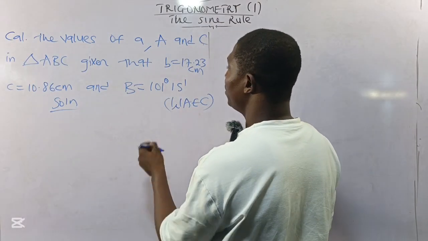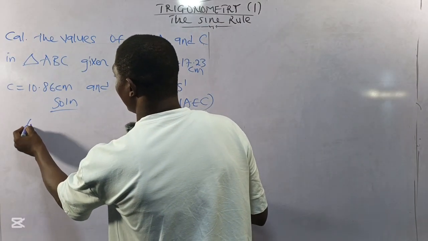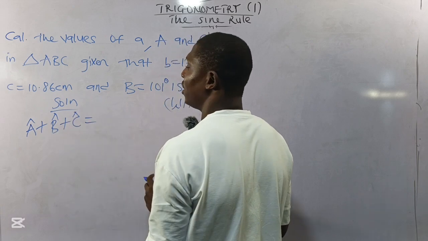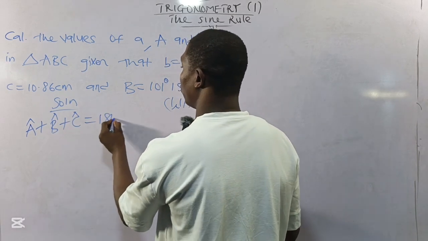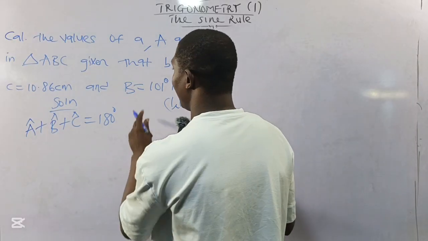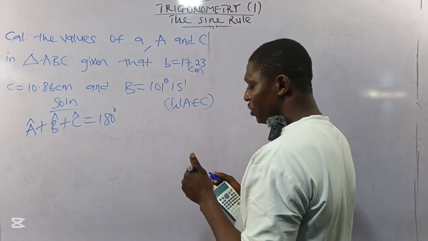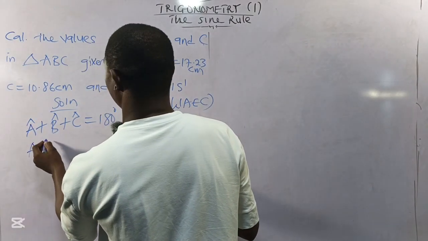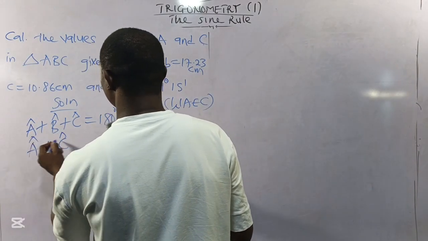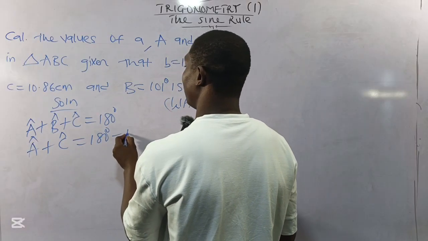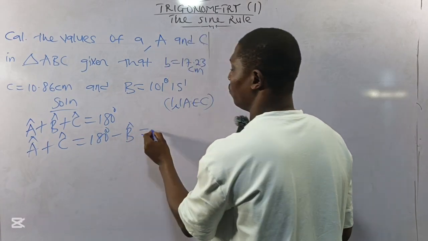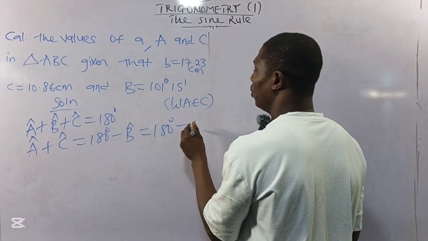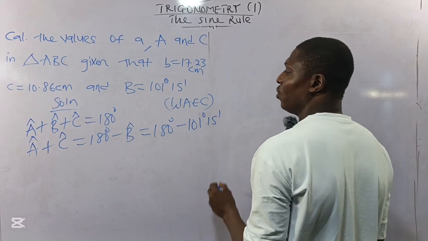Now, angle B is already given, but we know that angle A plus angle B plus angle C in any triangle, no matter the type, will be equal to 180 degrees. Now, B was given in degrees and minutes. I will advise you to solve yours also in degrees and minutes. Therefore, angle A plus angle C will be equal to 180 degrees minus angle B, which gives me 180 degrees minus 101 degrees 15 minutes.